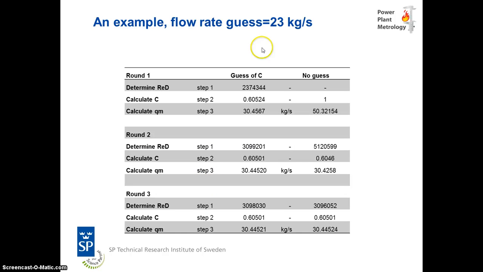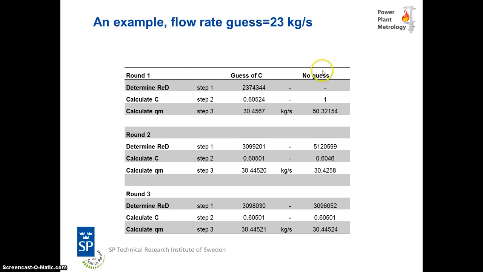So we did that. The actual flow rate was around, we did a guess in this middle column, a flow rate of about 23 kilos per second. So I calculated the Reynolds numbers, and in this first column we did a first intelligent guess of the discharge coefficient, and in this column we didn't make any guess of the discharge coefficient.